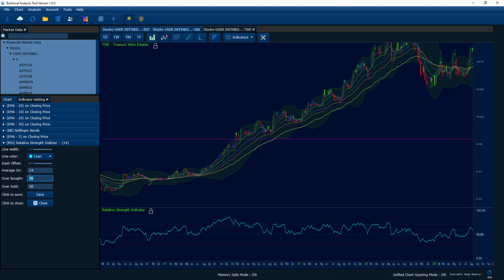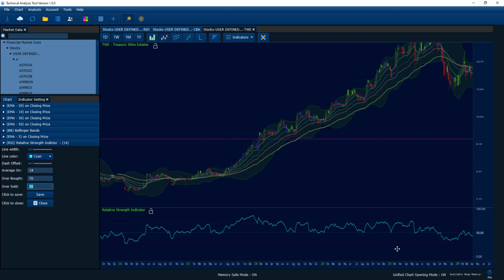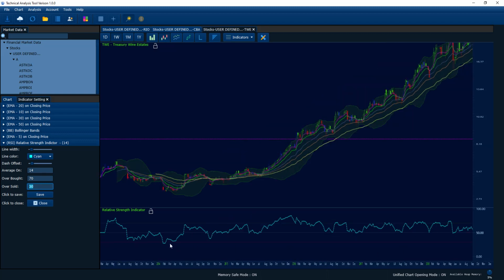Some people use 80 as the overbought level, meaning only a reading beyond that line is considered overbought. Same with oversold. The default is 30, the tiny red line here, as you can see. That's the oversold number.